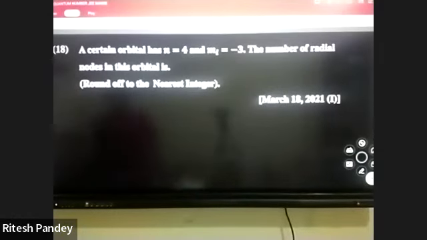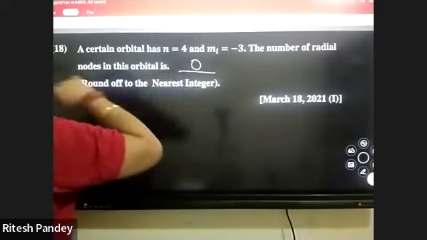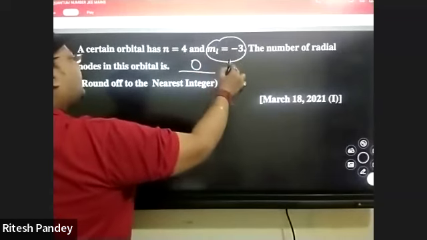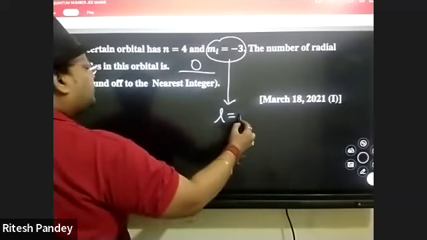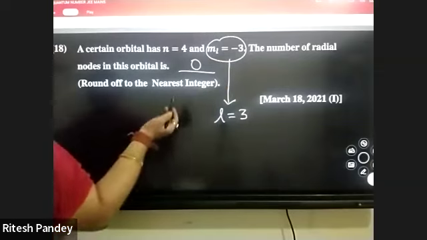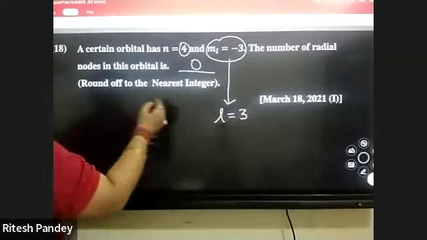18. Sir, 0. Naturally, the answer here would be 0, because if a certain orbital has ml equal to -3, this will lead me to conclude that the value of L is equal to 3. Only for L equal to 3, you can have ml equal to -3. Also understand, 4 के लिए L का value 3 से ज़्यादा नहीं हो सकता.